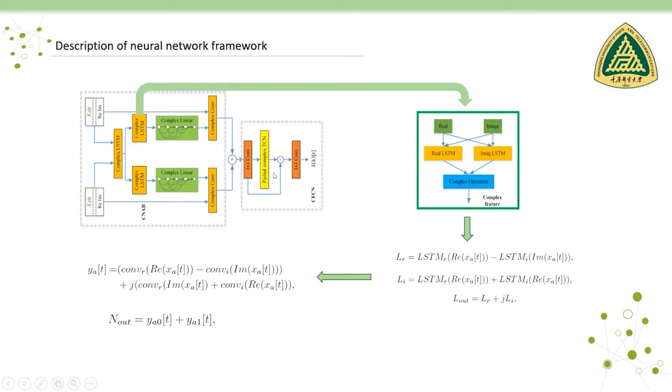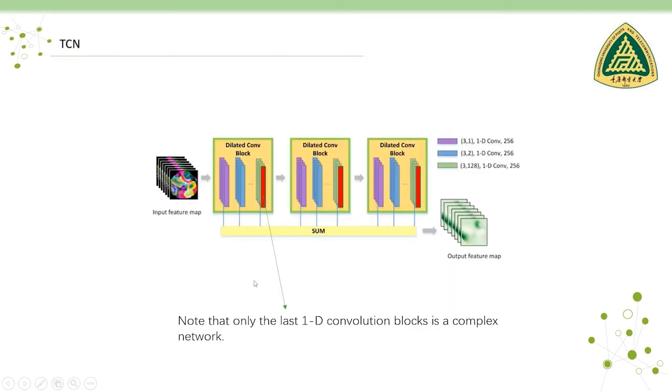We also use the TCN structure in this model, but note that only the last one-dimension convolution block is in the complex network. This one is the complex computation.